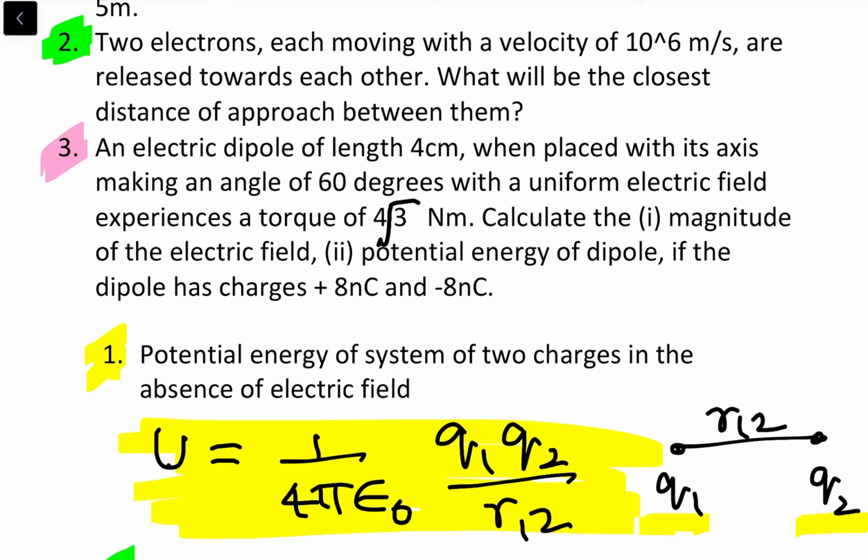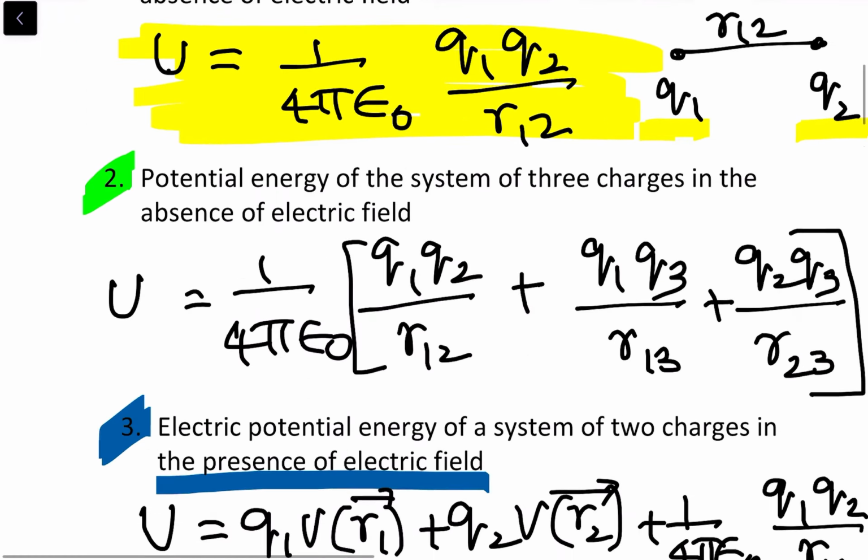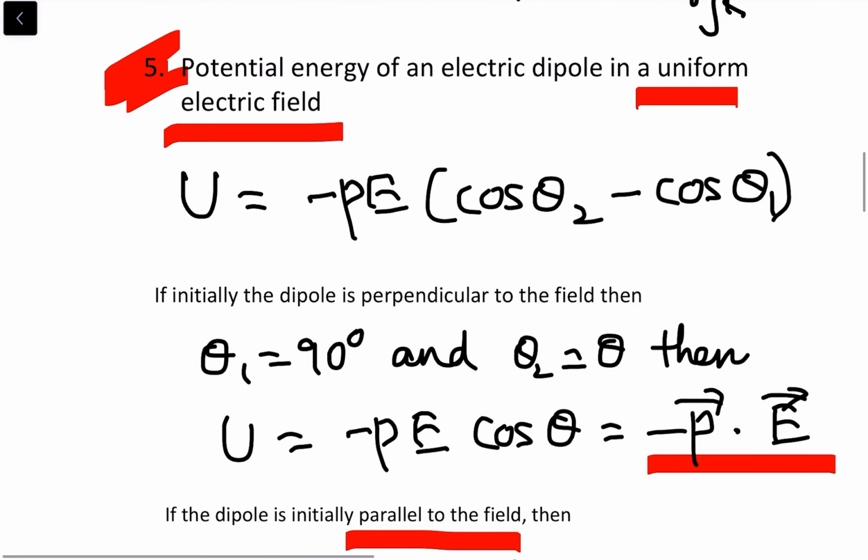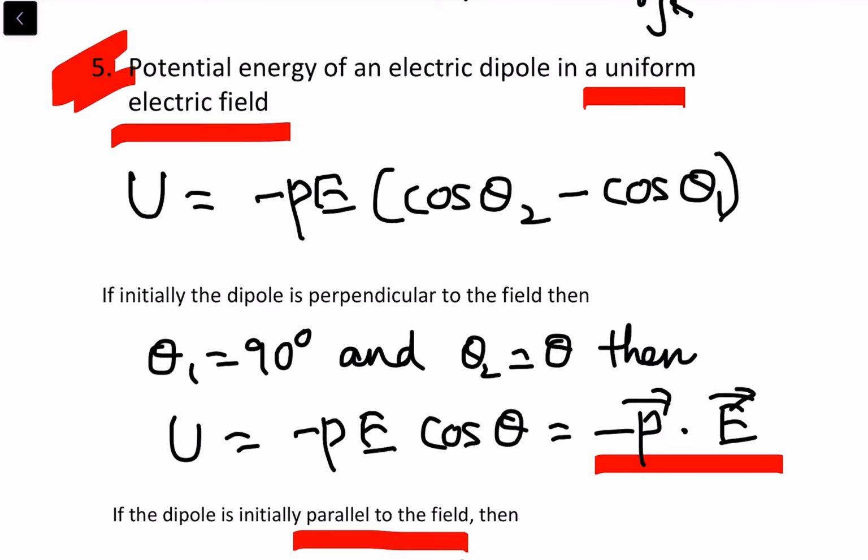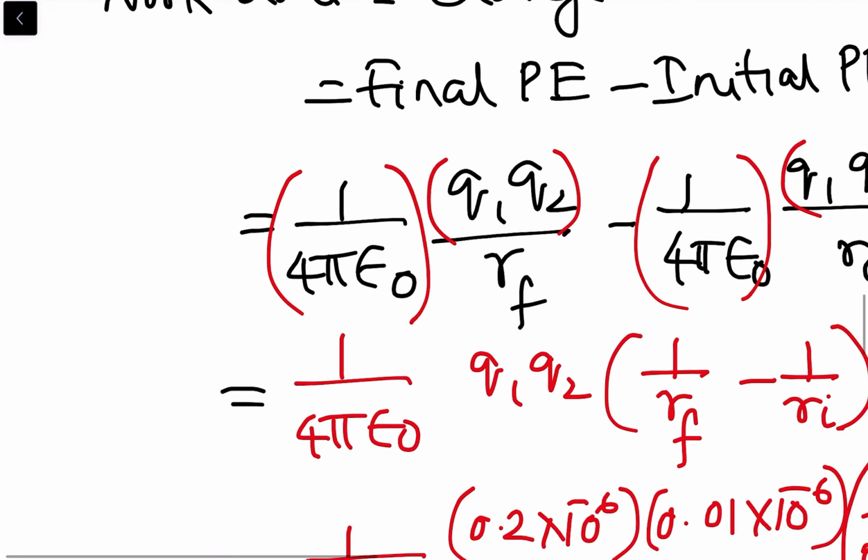We have to calculate the electric field there, and second, the potential energy of the dipole. I have already shown you here the potential energy of the dipole in a uniform electric field. In addition to that, they also asked us to find the torque. So let's go and solve this third problem.